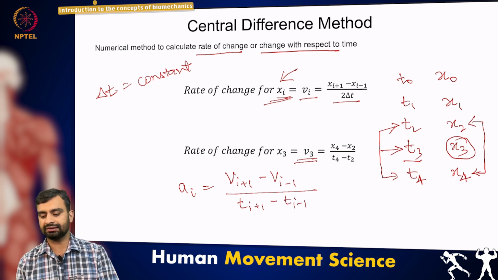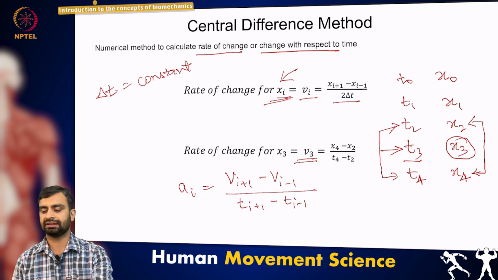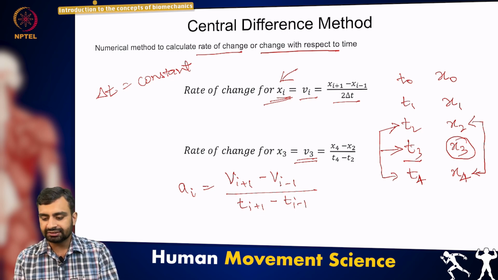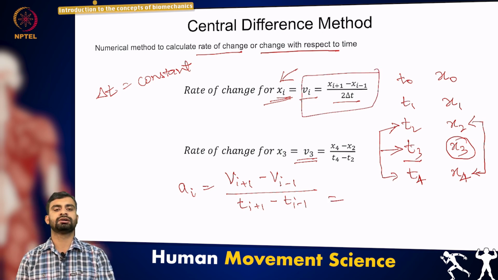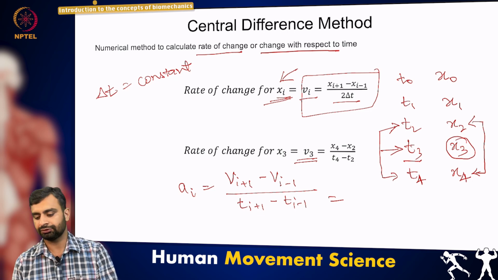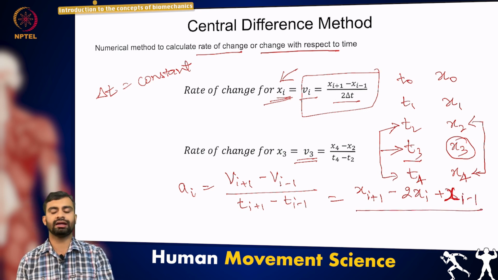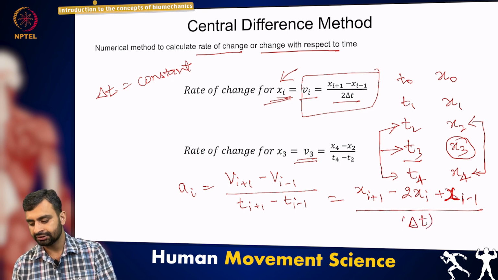If we plug in these values using this expression, in terms of values of x, we get the value at x i plus 1, minus twice the value at xi, plus the value at x i minus 1, whole divided by delta t square.